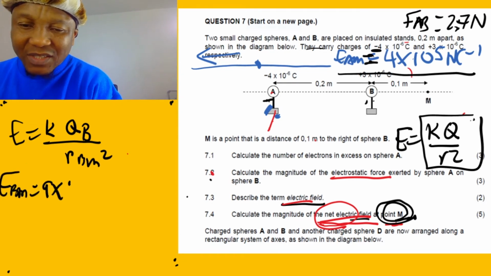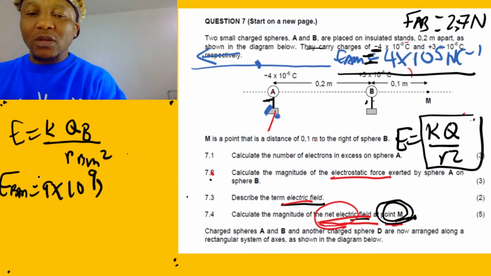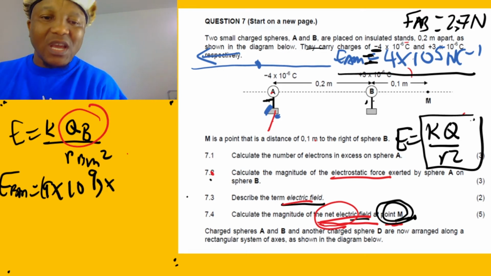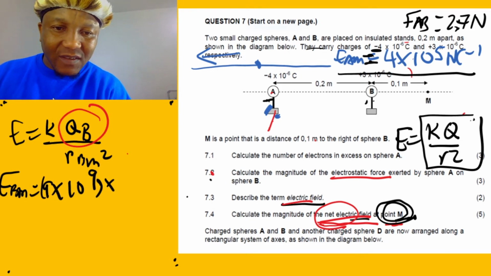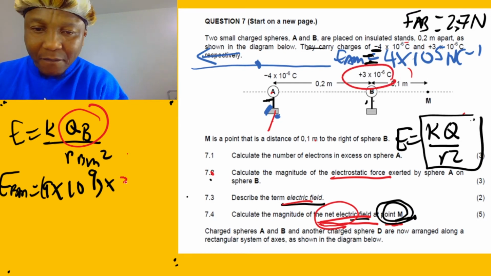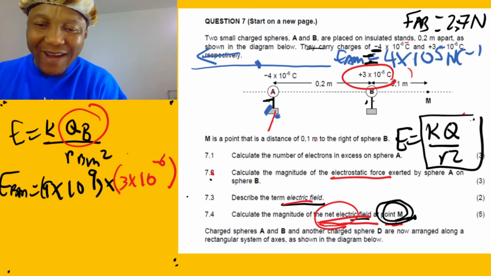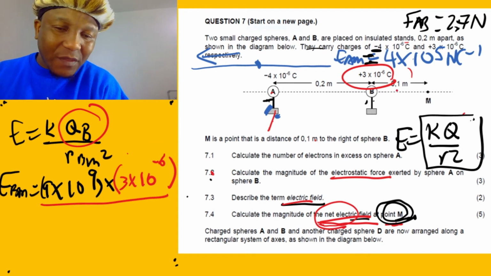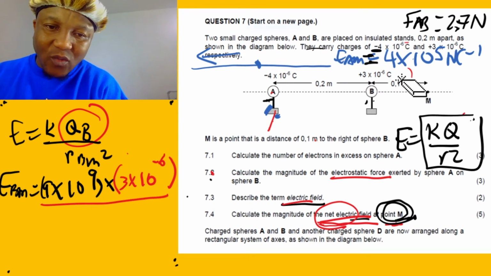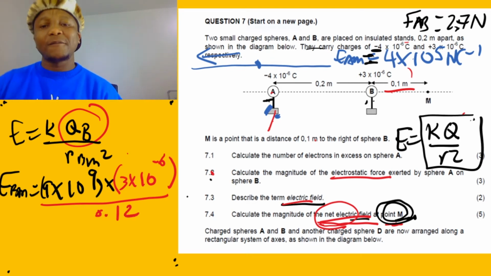K we know is 9 times 10 power 9, a constant. Times the quantity of charge B, which we know is 3 times 10 power negative 6, but it's positive, so I don't have to write the sign. Over the square of the distance. The distance is 0.21, so you square it.